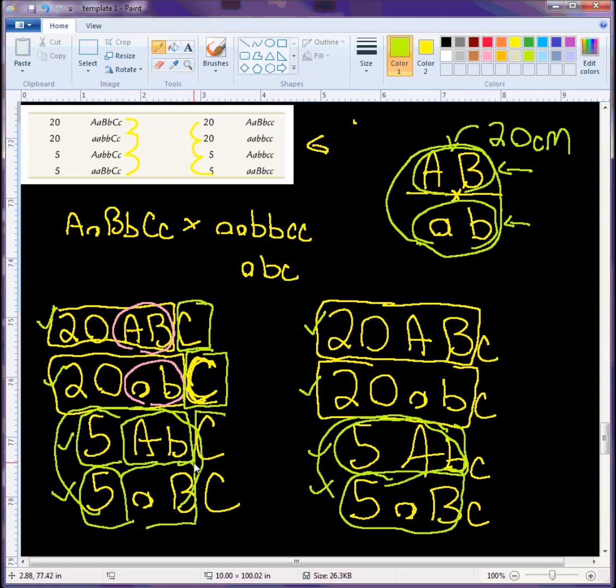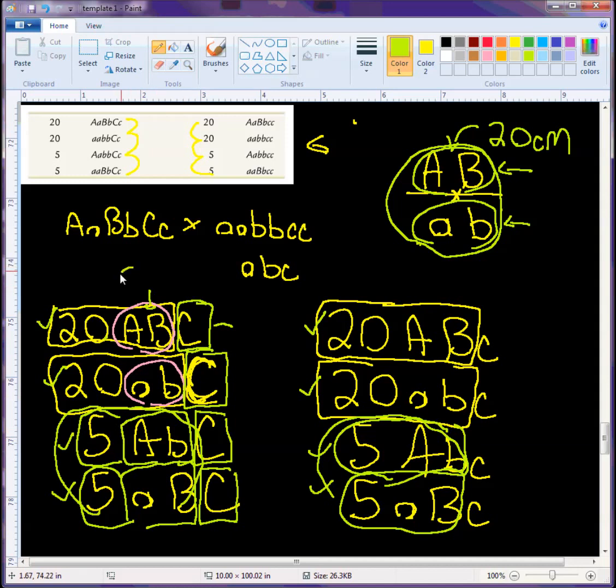And then we have 5 big C's with a big A and a little b, and 5 big C's with a little a and big B. So there seems to be no correlation here between having a big C allele and the genotypes of A and B.